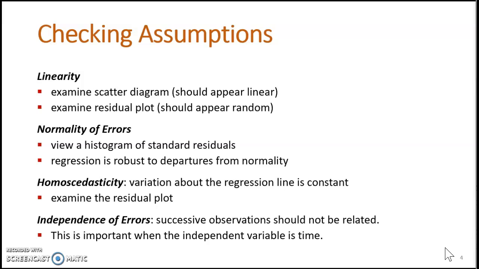Correlation among successive observations over time is called autocorrelation and can be identified by residual plots having clusters of residuals with the same sign. Therefore, when time is the independent variable, this assumption is very important: successive observations should not be related.